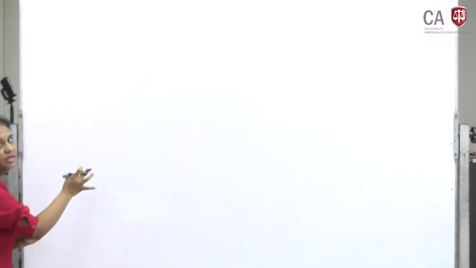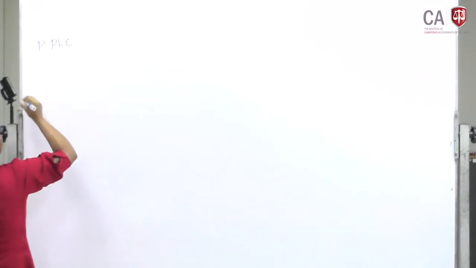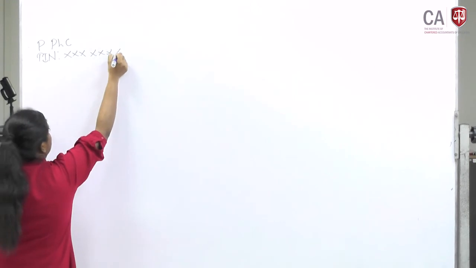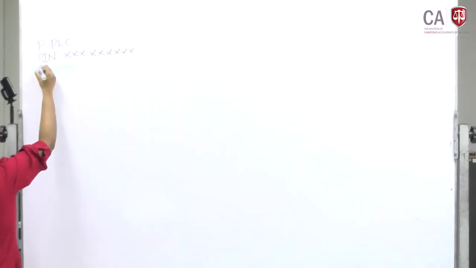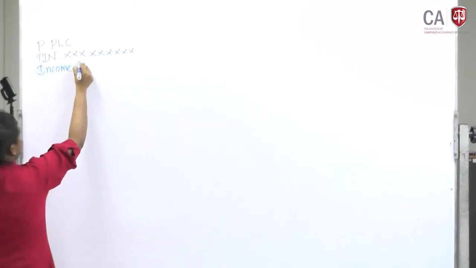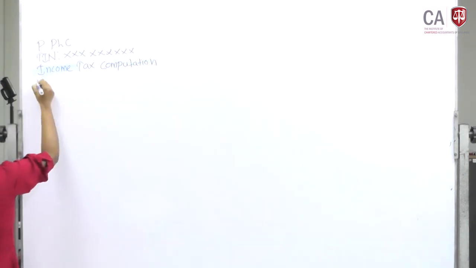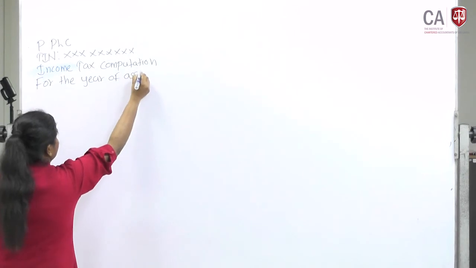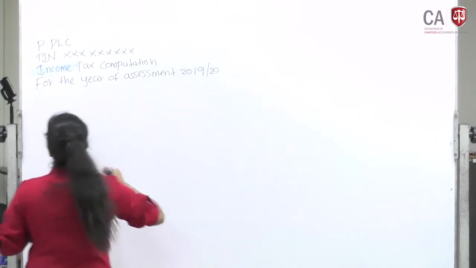In your answer script, first page: Pinnacle PLC, then your TIN number, the 9 digit TIN number, and the income tax computation for the year of assessment 2019-20.